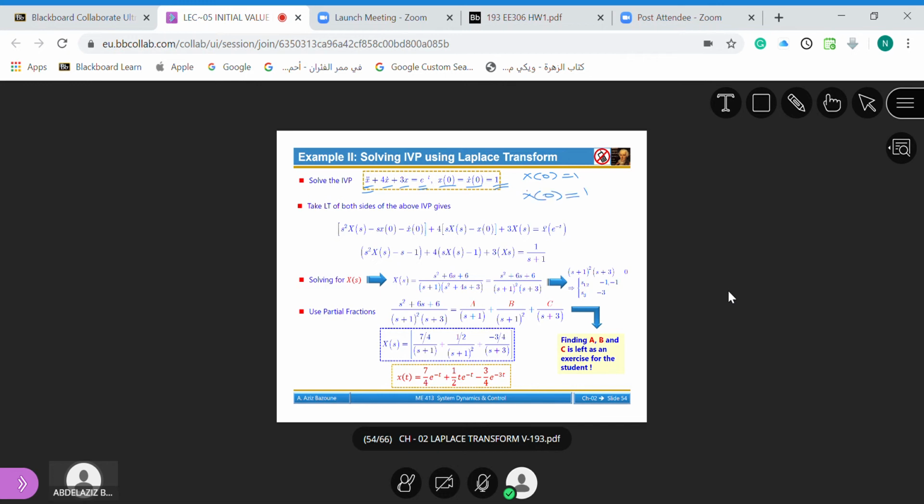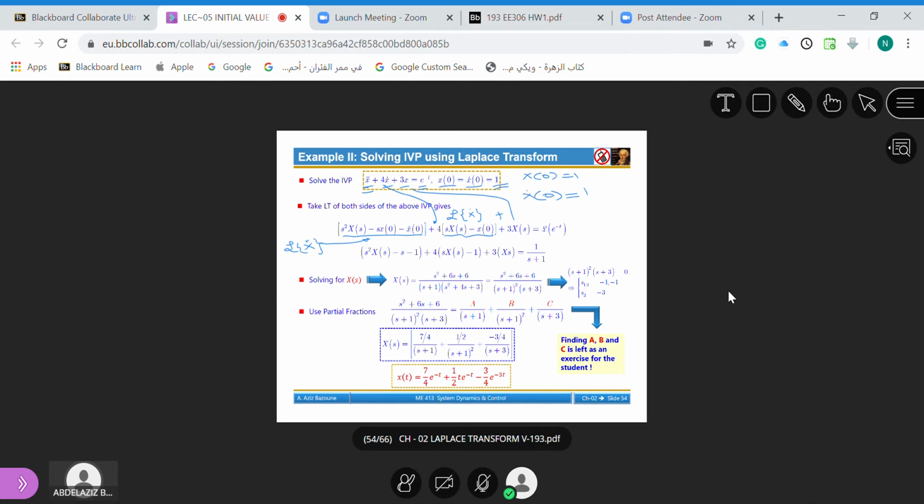So we substitute. The Laplace transform of the second derivative, x double dash, is s squared x of s minus s x0 minus x dot of 0, plus 4 times the Laplace transform of the first derivative, x dot, and then plus 3 times x of s.